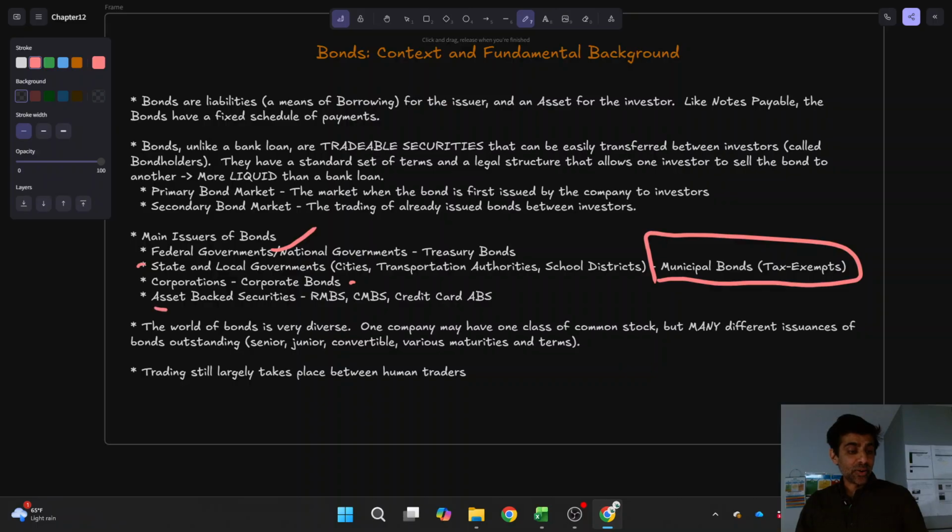There's asset-backed securities. So RMBS stands for residential mortgage-backed securities. When you take out a mortgage from Wells Fargo, they'll give you the money up front, but then they will sell your mortgage to Fannie Mae, Freddie Mac.